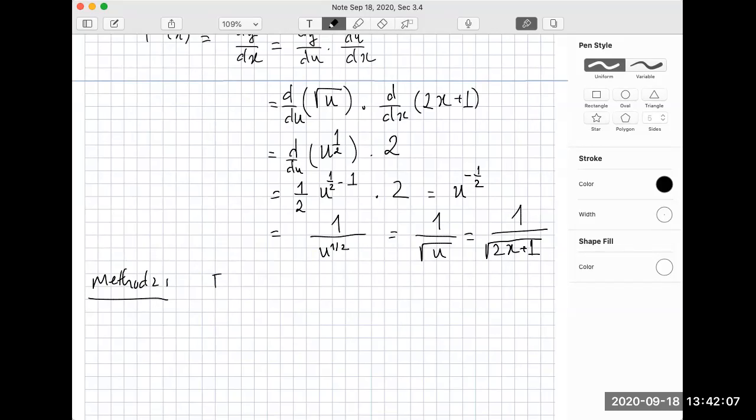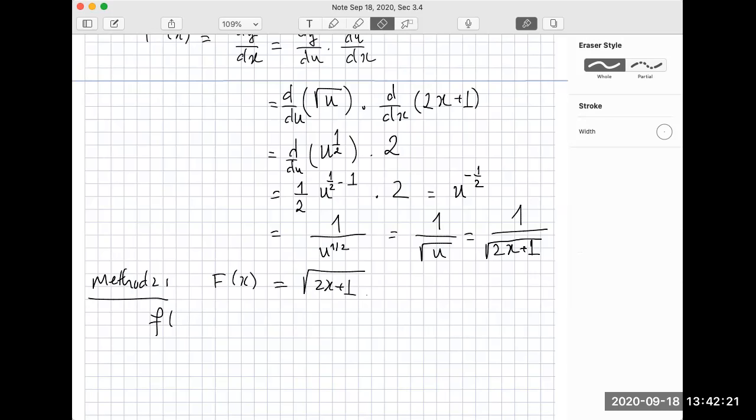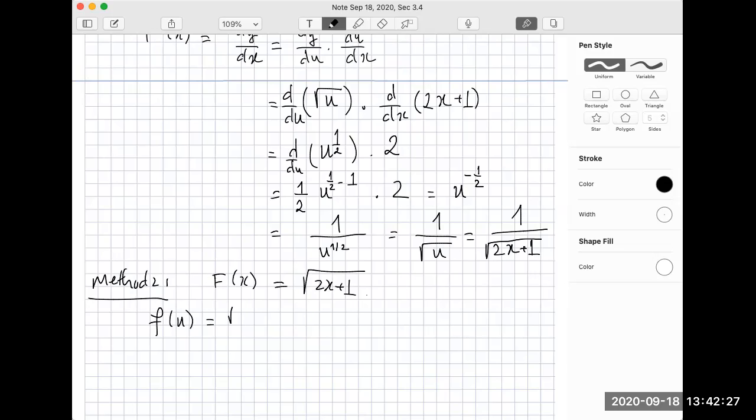So we know that capital F of x is square root of 2x plus 1, right? So the function f of x, if we define it, let us call it f of u, is square root of u. And g of x is 2x plus 1.